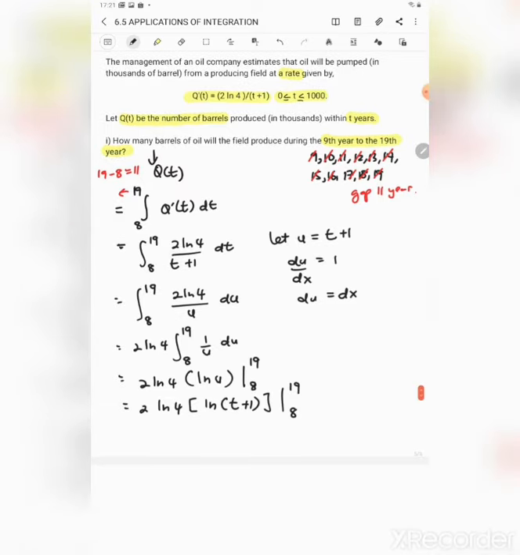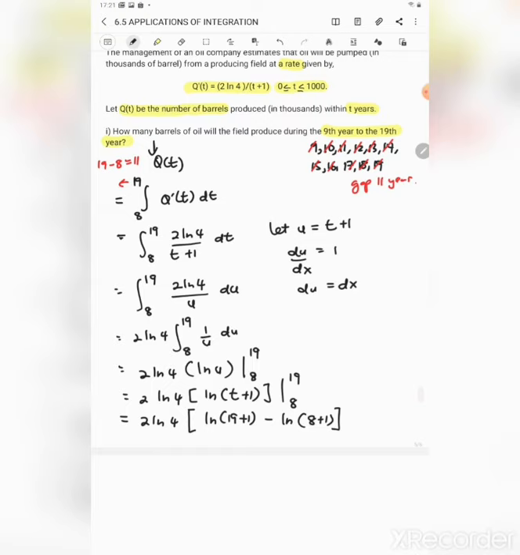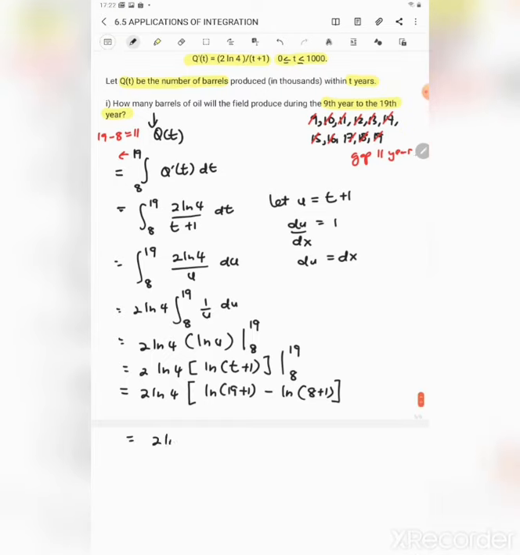So now we substitute the value, 2 ln 4 times ln of 19 plus 1 minus ln of 8 plus 1. The answer is 2 ln 4 times ln 20 minus ln 9. You can press your calculator to get the value.